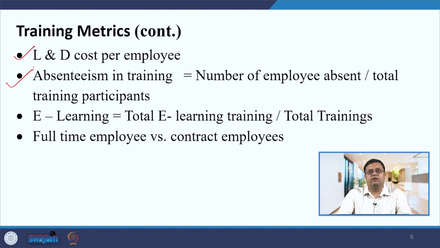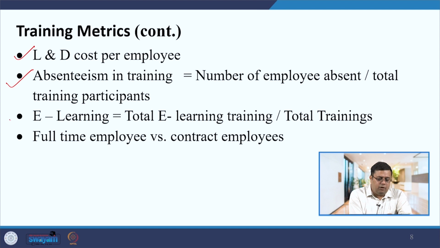Employees are not able to focus on their actual job for which they were hired. A second reason could be that trainings are not interesting, not able to train the employees properly, so people are not motivated to learn. So you need to understand the reason. If absenteeism is very high, it is a clear indication that some problem is there with the training. If it is not high, then it indicates that yes, trainings are up to the mark, right. So that is what you need to understand about absenteeism.